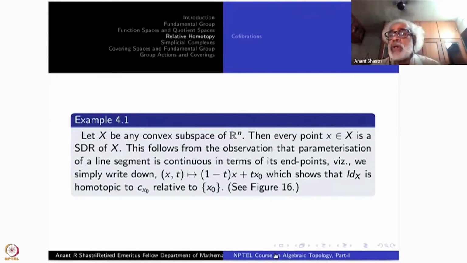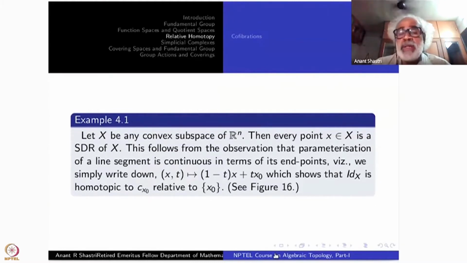Everything is joined to this one. So this follows from the observation that parameterization of the line segment is continuous in terms of its endpoints. So this we have used already anyway. (x, t) going to (1 minus t) times x plus t times x naught. It shows that when t equals 0, it is identity, x goes to x.